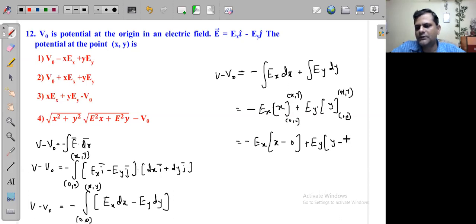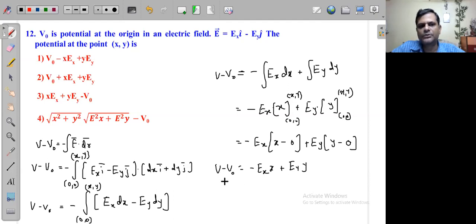And 0 in place of y, then we can get 0. And after all, y minus 0 becomes y only. So we can just get this minus of Ex into x plus Ey into y. And this is going to be the difference in potentials at x y and origin.